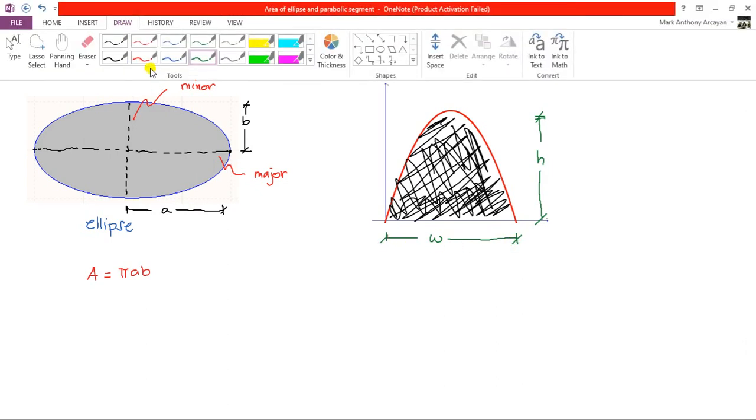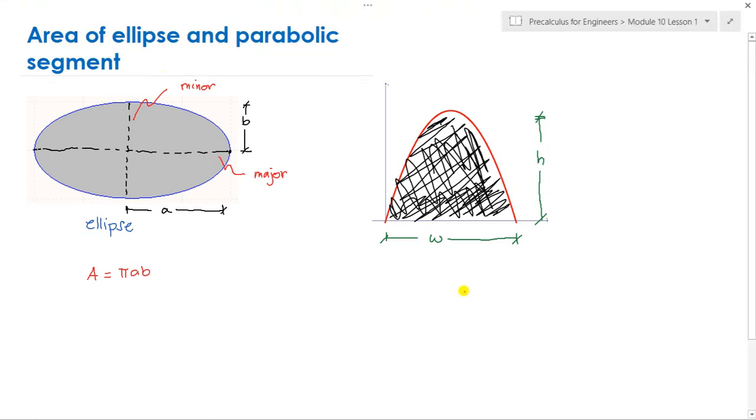So the area of a parabolic segment is equal to 2/3 times the height and the width. So, dali ra sila. This is for an ellipse and a parabolic segment.